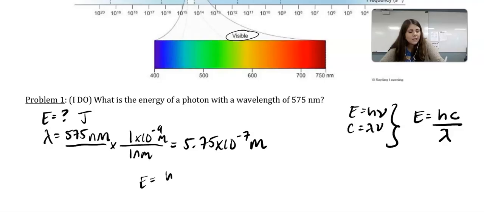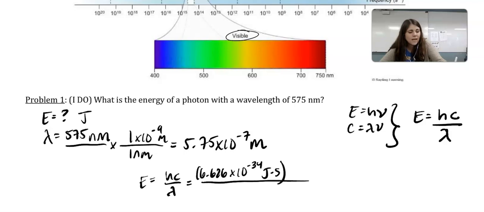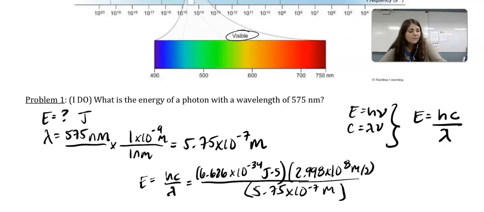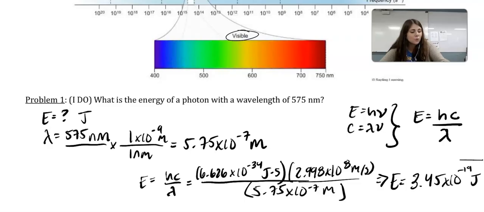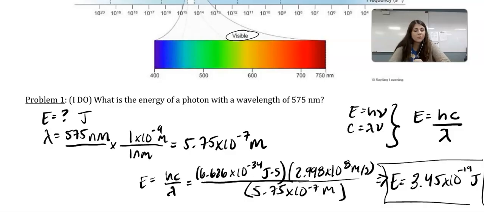Now I can use hc over wavelength to plug stuff in. Again, h and c are constants that are on your equation sheet. My advice, be very careful punching this into your calculator. You don't want to mess up anything. Energy is going to be 3.45 times 10 to the negative 19 joules. That will be our final answer with 3 sig figs coming from the 5, 7, and 5.